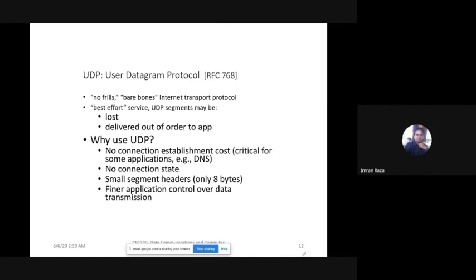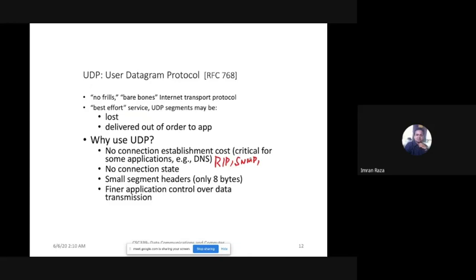There are certain reasons, and by the way, there are many applications that make use of UDP, like DNS, RIP, Routing Information Protocol, SNMP, and there are many real-time applications that prefer using UDP. Why? Because of the following reasons.